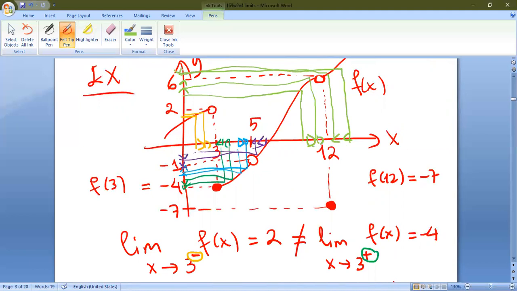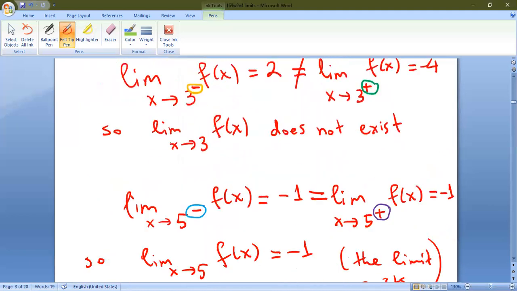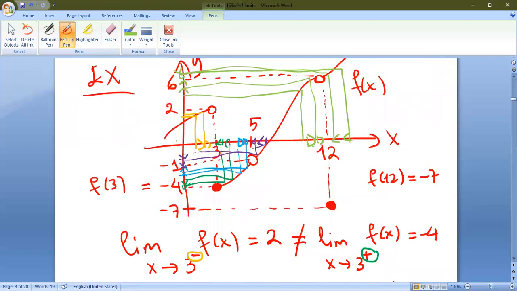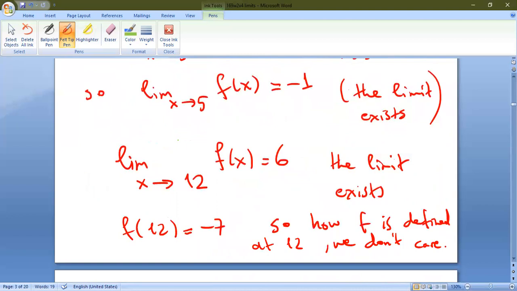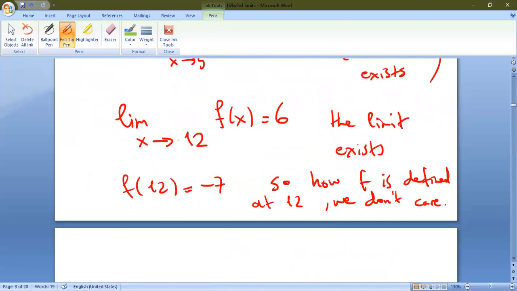However, the value is different. f of 12 is equal to minus 7. So we don't care about minus 7 there. We just care about what happens to the outputs of the inputs around 12 as they get closer to 12. So as you see, it's equal to 6. Okay. So the limit is 6, but the definition is minus 7. So as you see, the definition and the limit are two different things.